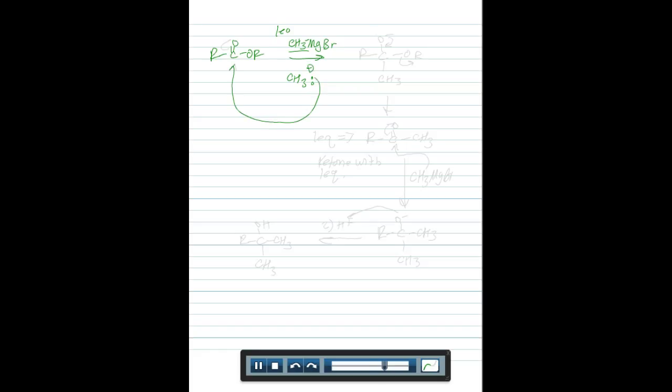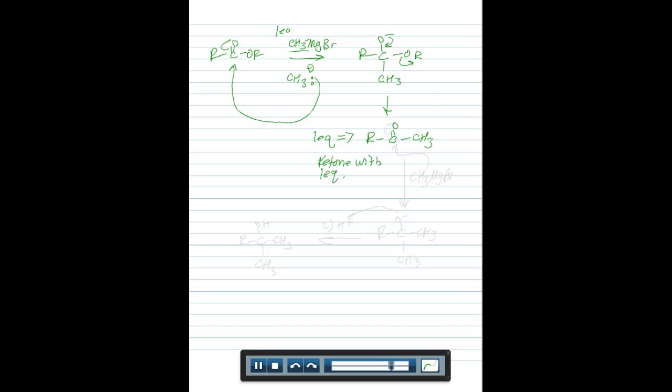This methyl comes in, breaks your pi bond, CH3, and then this pops down and kicks out your OR group. Now, if you wanted to just add 1 equivalent, you can. This is what the product would be for 1 equivalent. It would be a ketone, with 1 equivalent.